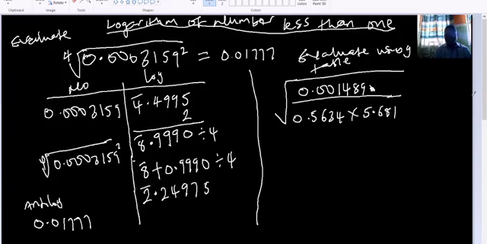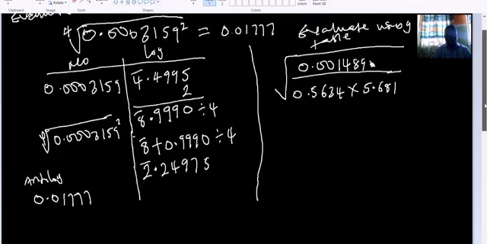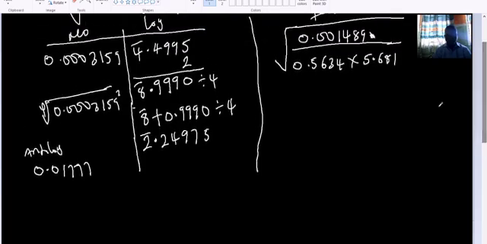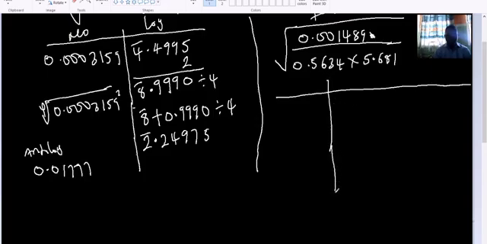So that's it. Now to do that, let's have the same thing here again. So you have your table, with number, then log.